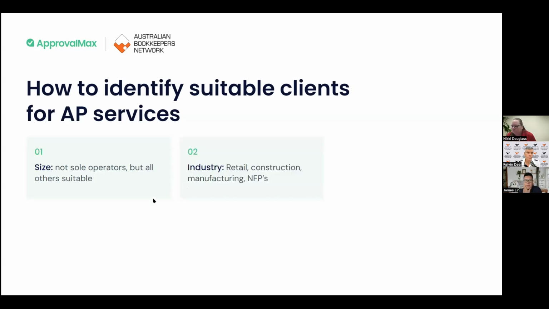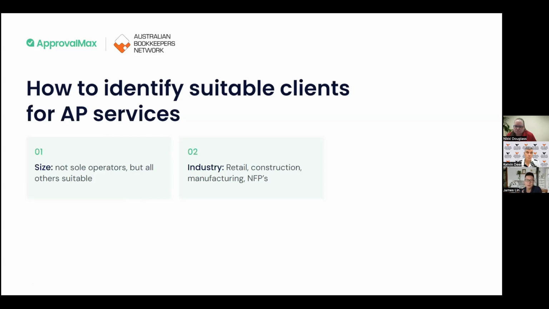A second thing to look out for is the industry. We find that most industries can work really well, but there are some industries that need AP as a service more than others. For example, NFP clients typically have higher regulatory and compliance requirements. So having a more professional AP service with the proper audit trails and documentation really helps to reduce the potential of non-compliance.